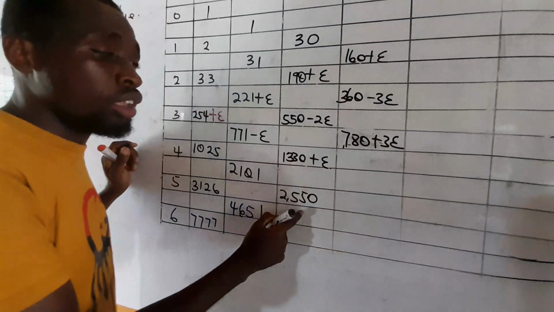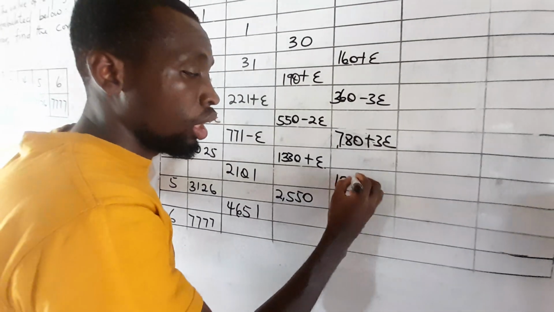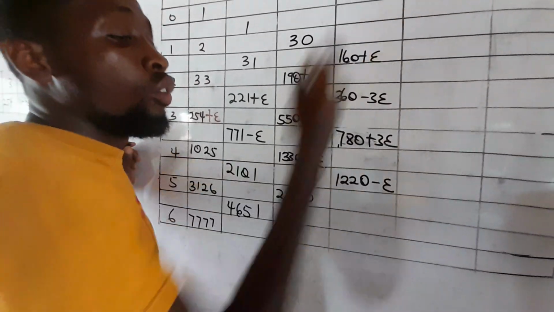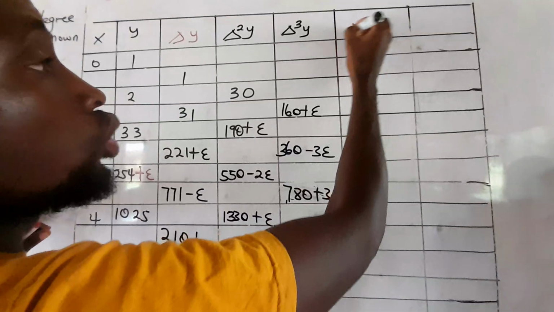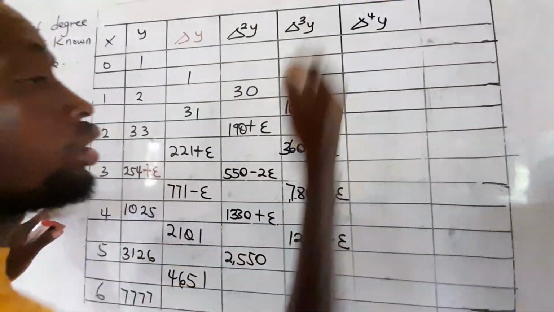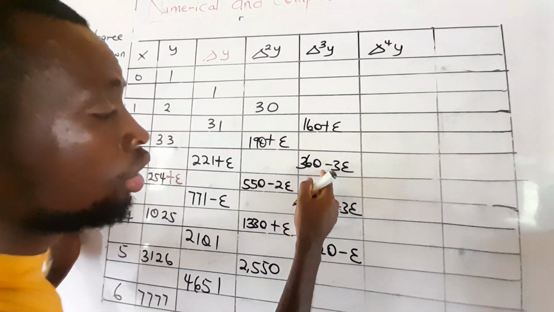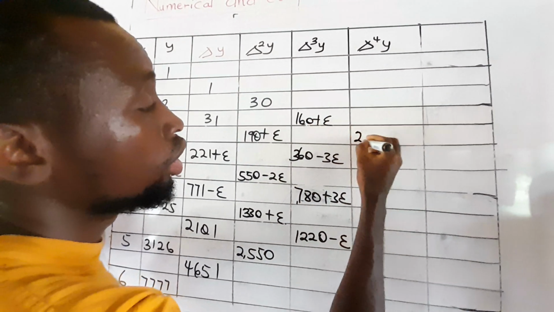Then this from this, we'll get 1220, then minus error. Now find the fourth difference, which is del 4y. Now I'll subtract this from this. That's 360 minus 160. We'll get 200.